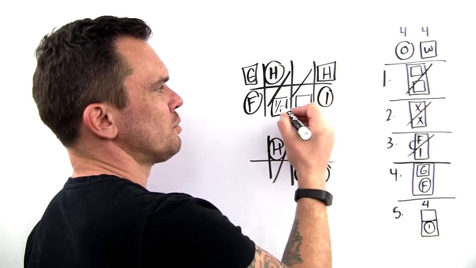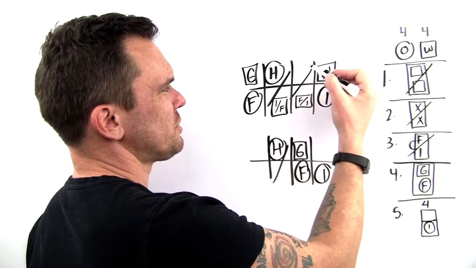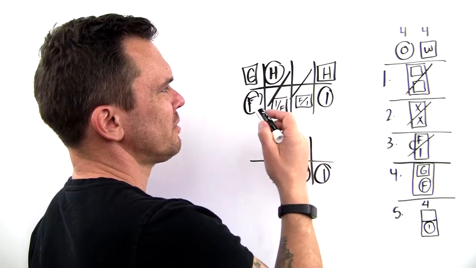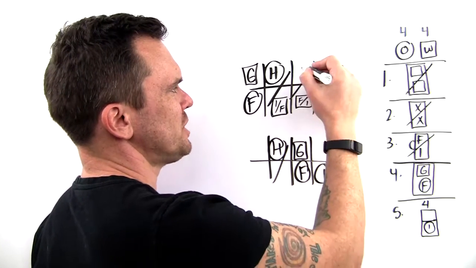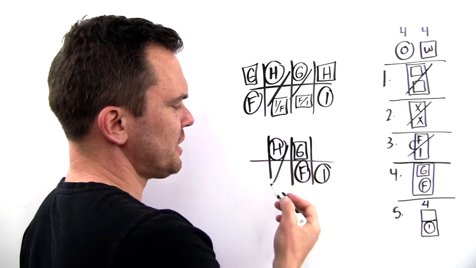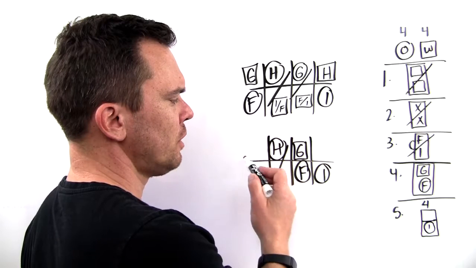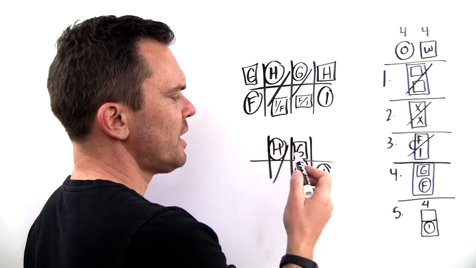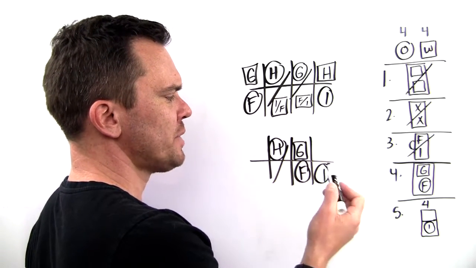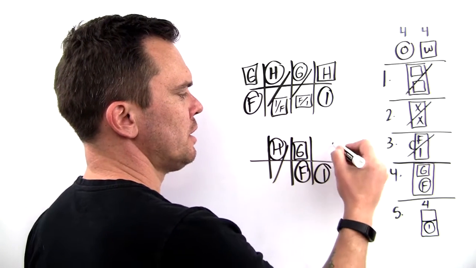And then this one will be the other one of F or I. And then this will be my circle, who I've got. Circle F, H, I, circle G. All right, same thing down here. I've got 3 circles. I have 1 more left. I only have 1 square. I've got 3 left. They can't be together. 1, 2, 3.